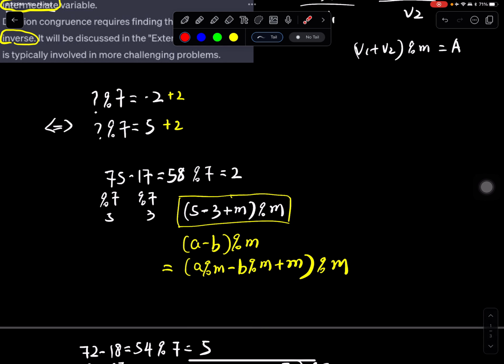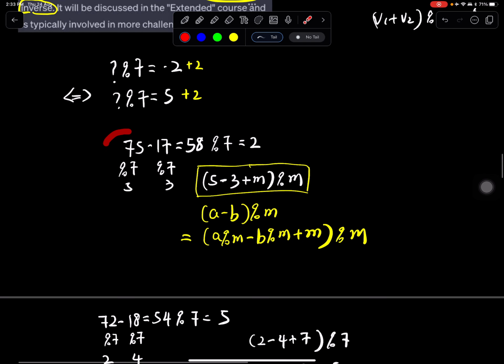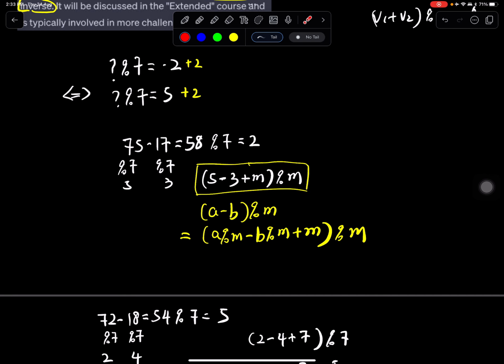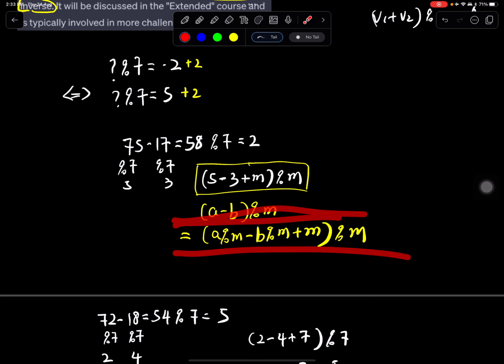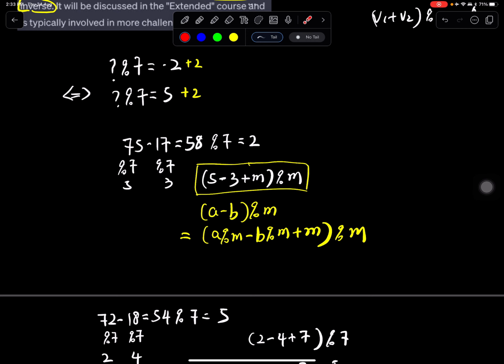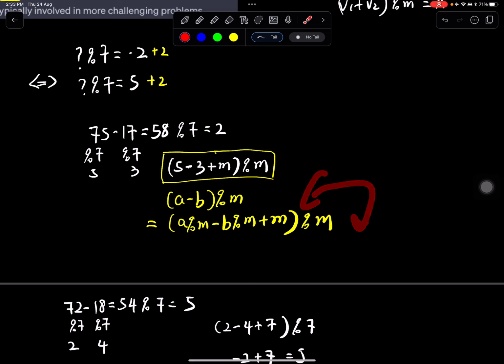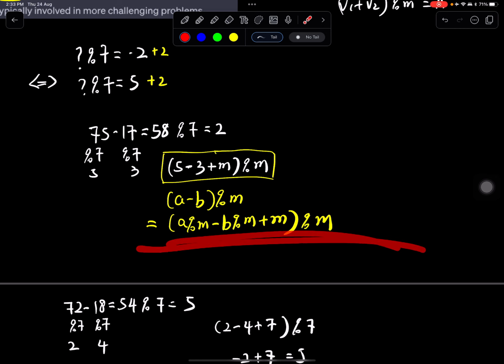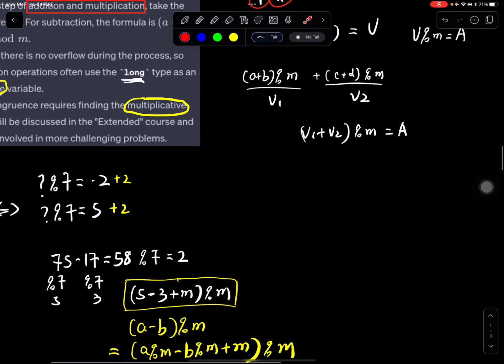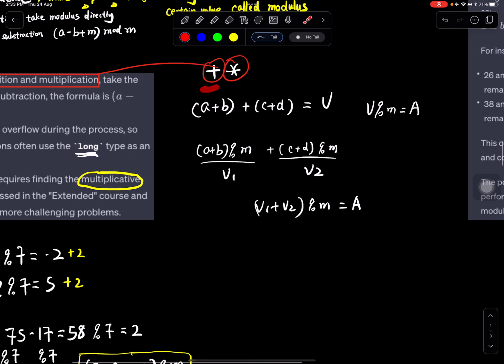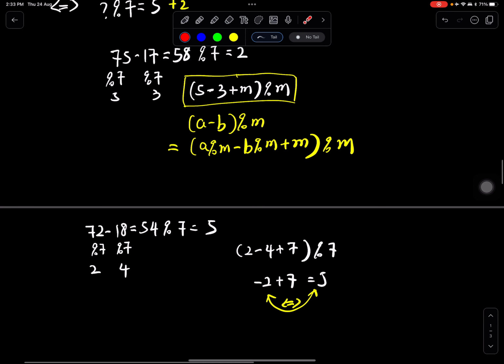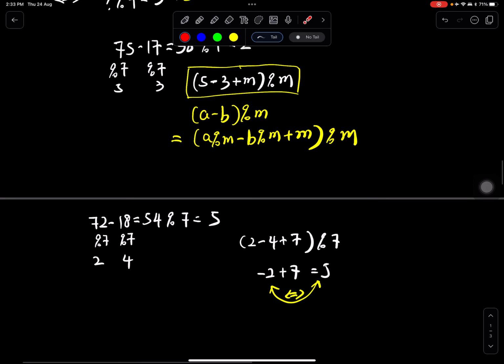For this example, which is subtraction, this is an equivalence. How can you apply the principle of congruence here? For subtraction, you have to add m and subtract m, so it's a bit different from addition and multiplication.